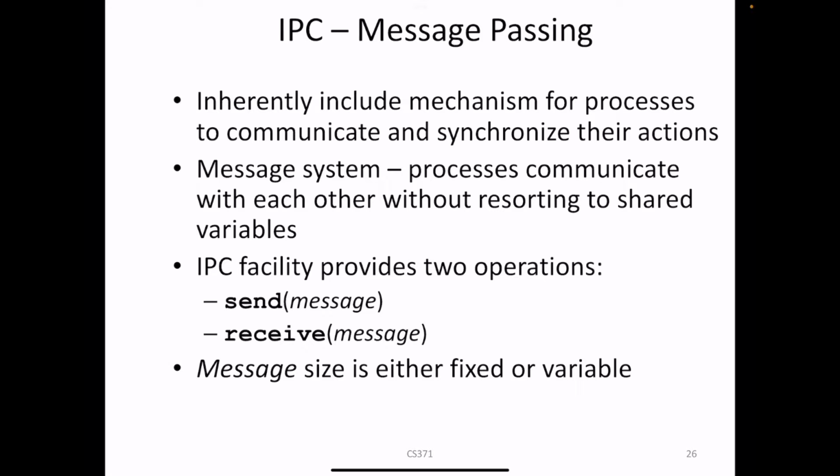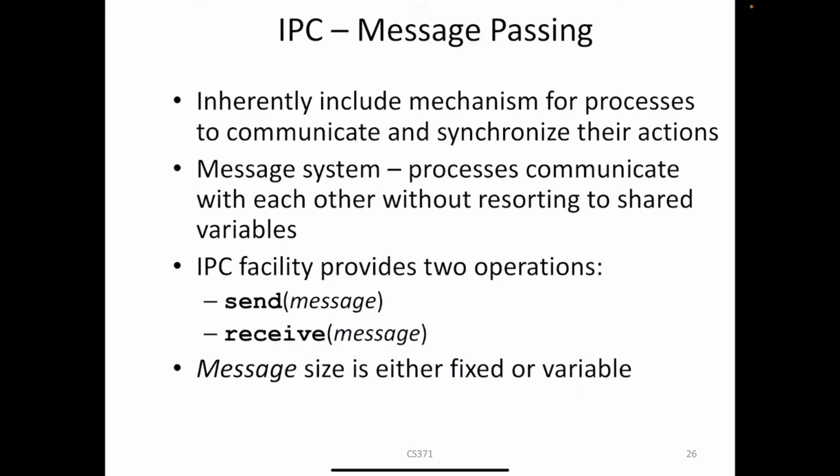Inside the message system, processes communicate with each other without using shared variables or shared memory. So in message passing, nothing is shared among processes. That is why we do not need to use a synchronization mechanism in the message passing approach.